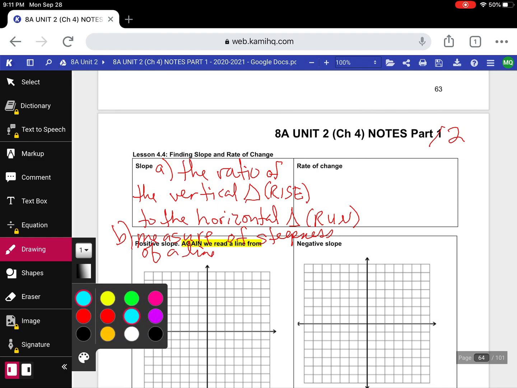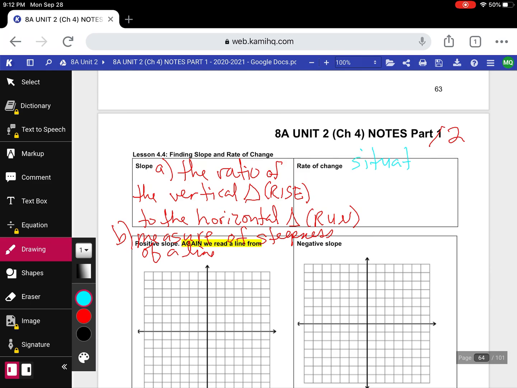Now if we go over to rate of change, the rate of change I'm going to say is situational. It depends on what we're talking about, and it usually comes into play when we're talking about word problems. So it really is the slope, but when we're talking about word problems, we don't call it slope, we call it the rate of change.